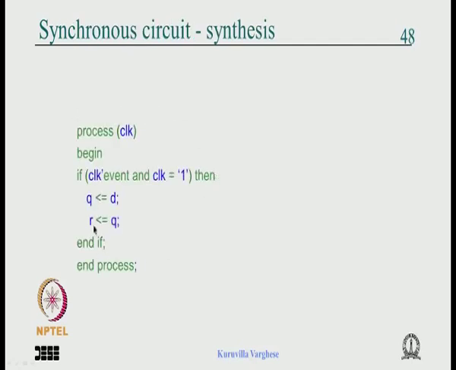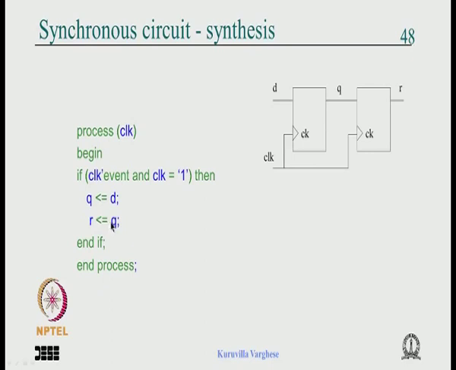We have looked at this: Q gets D and R gets Q. Definitely Q and R will become 2 flip-flops, that is evident because you have an event on the clock. The current value of D goes to Q at plus delta time, and the current value of Q goes to R at plus delta time. So you get something like this, which, if you use a variable, you will not get.